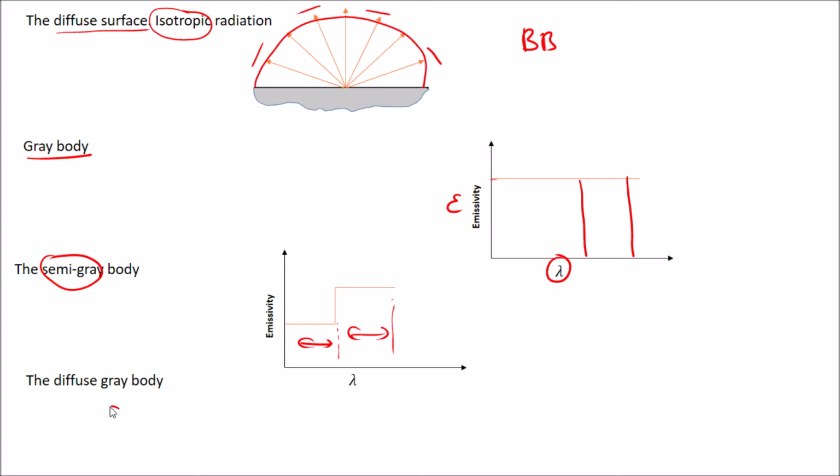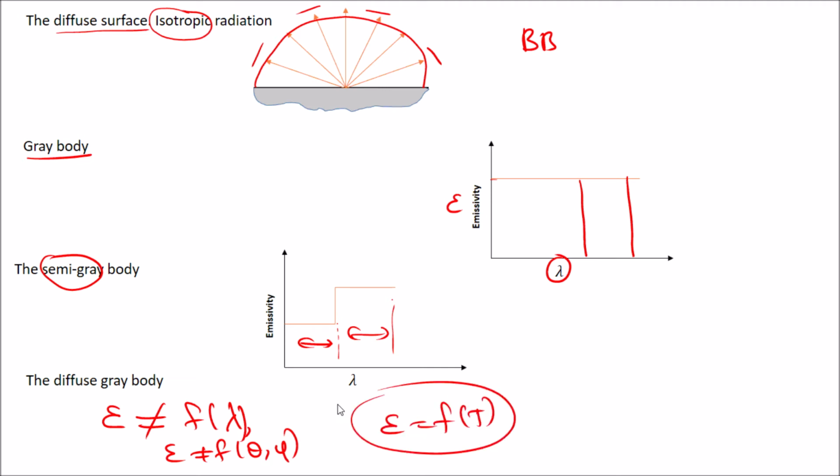Diffuse gray body means that epsilon is not a function of lambda, and epsilon is not a function of the directions or angle, therefore what is left is that epsilon is a function of the temperature only. These are to simplify the problems, and also we have some materials that carry these properties.